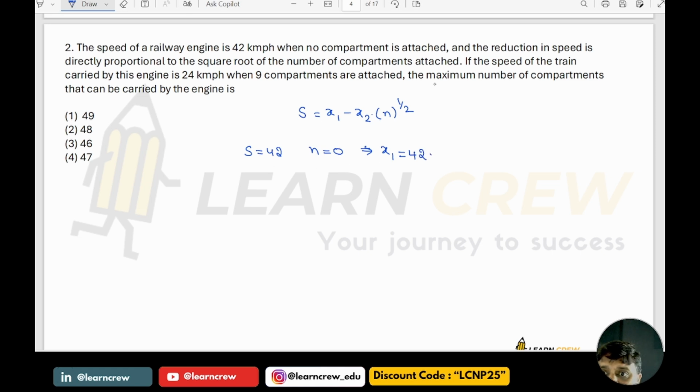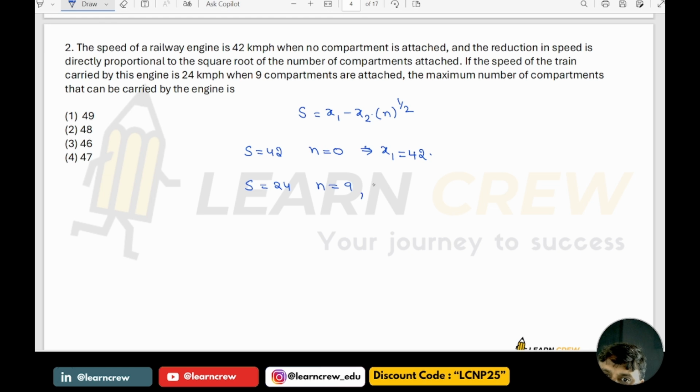And it is given that the speed of the train carried by the engine is 24 km per hour when 9 compartments are attached. Already you got x1 as 42. So here n is 9.